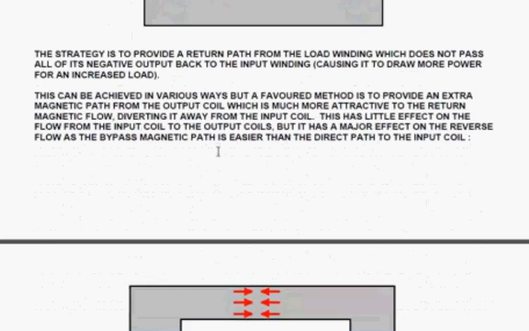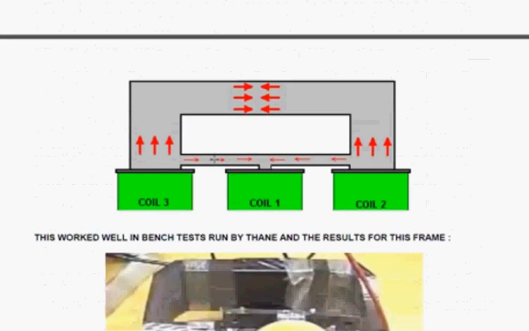So what you do instead is you notice that when the coils are pulsed, they work fine on the first half of your sine wave, and your problem occurs on the second half of the sine wave because you get feedback from the output coils to the input coils.